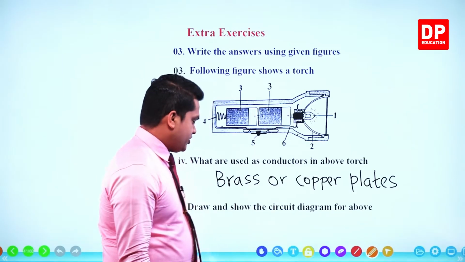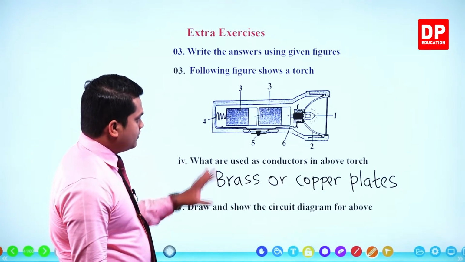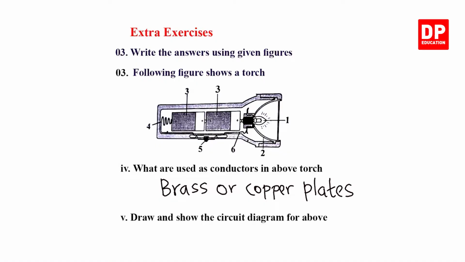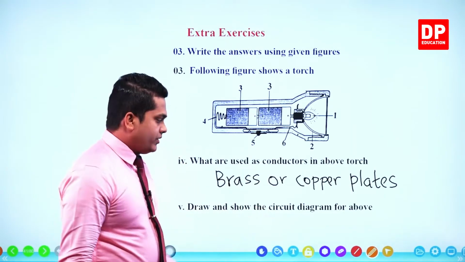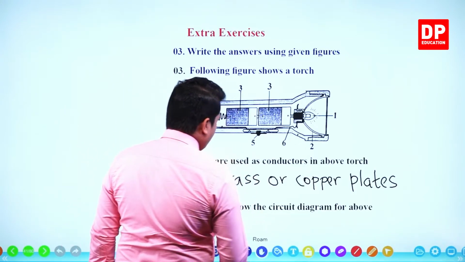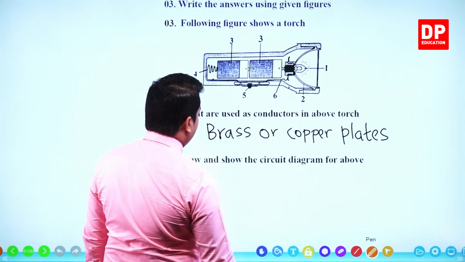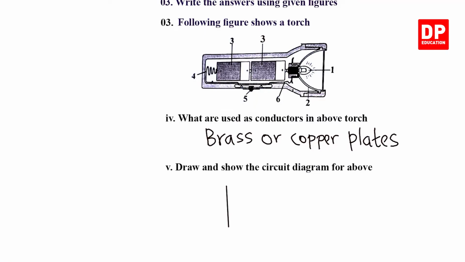Right, so the final question: draw and show the circuit diagram for the above. So it's really simple, my dear children. In the earlier lesson part, when we were discussing the lesson, we drew this, right? So now I'm going to once again draw and show how it is being connected. Like this.